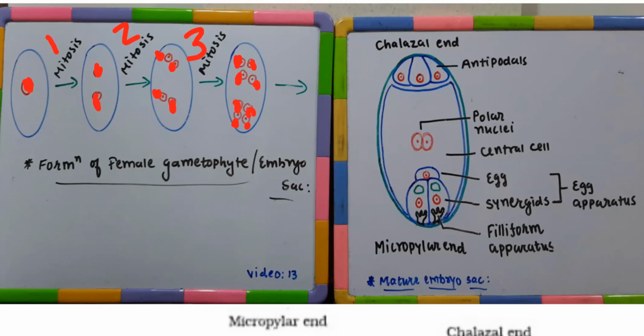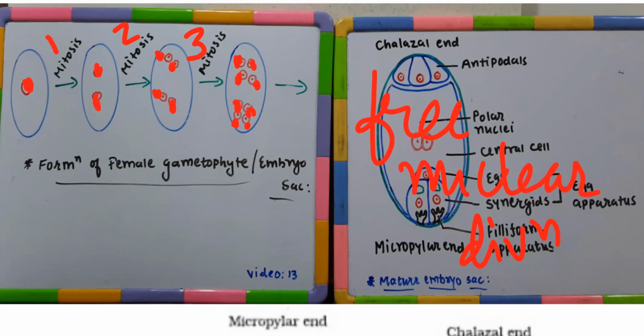Interestingly, all these 3 back-to-back mitotic divisions were free nuclear divisions. Question is, what is free nuclear division? In all these mitotic divisions, the nucleus went for division. Karyokinesis happened, but cytokinesis didn't happen.